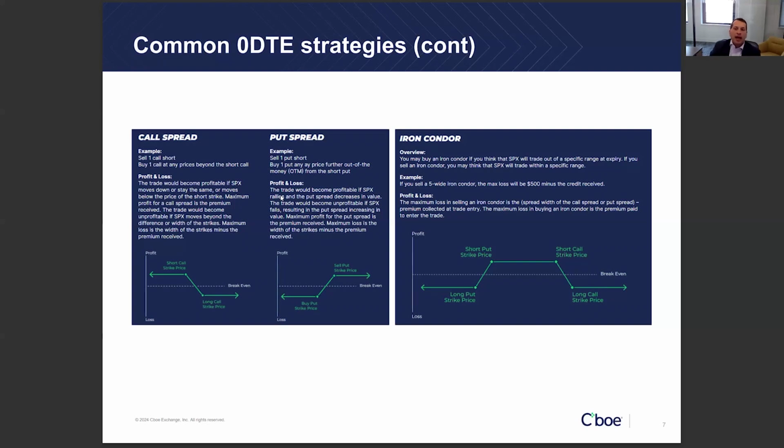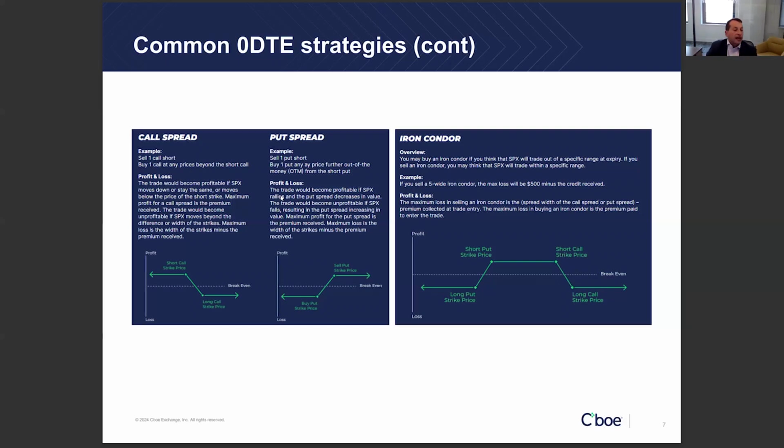When you take a look at spreads, that's a combination strategy where a common thing that we see are credit spreads, where somebody is selling the spread. When you talk about selling a call spread, an example would be you sell the 500 call short, let's say we're using XSP or SPY, and then you buy the 510 call.